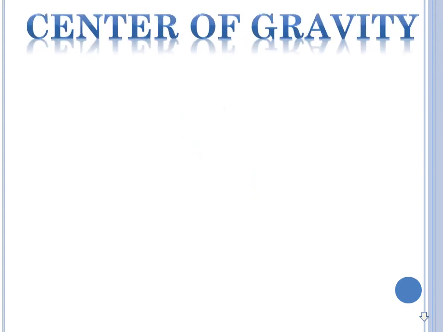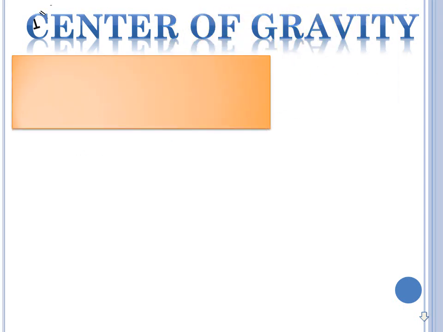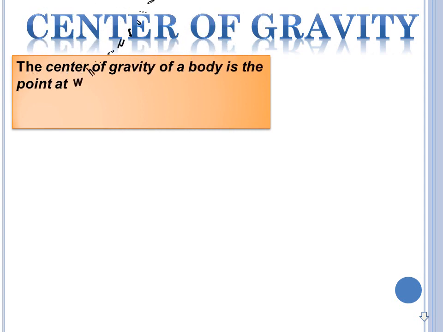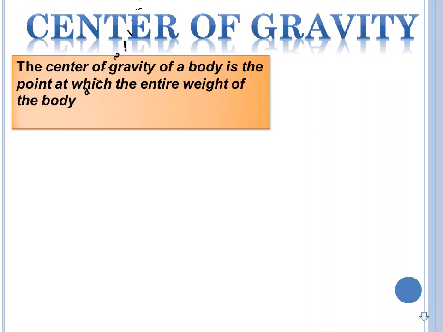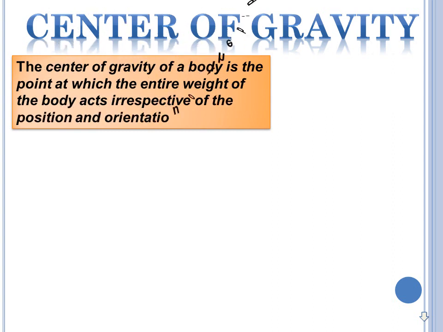Now let's see what we mean by the center of gravity. The center of gravity of a body is the point at which the entire weight of the body acts, irrespective of the position and orientation of the body. Let me give a good example here for you to understand the center of gravity.